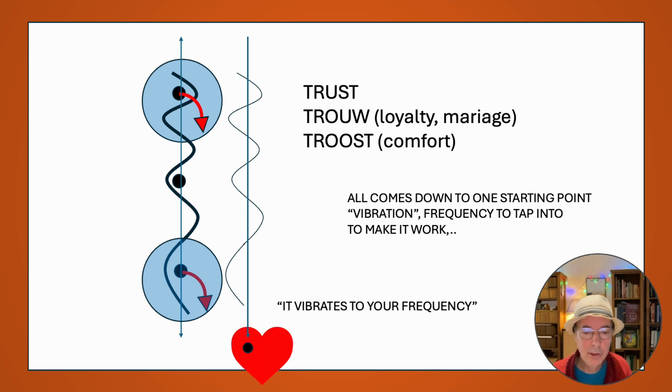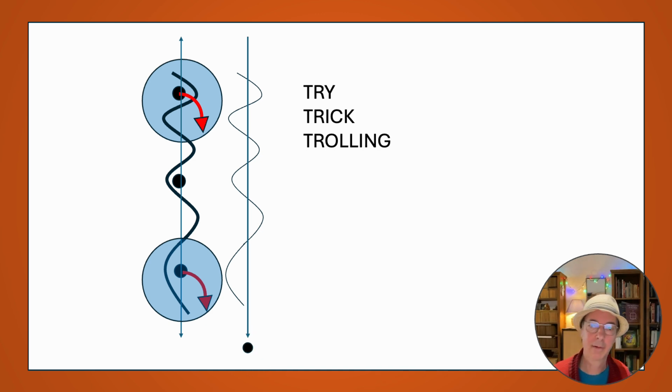You can tune into it and it vibrates to your own frequency. So that's why trust works. That's how troost or comfort works. That's how trouw or loyalty or marriage works, because you find the match with that vibration, and you can start from the same vibration with T, the position, R, the vibration.